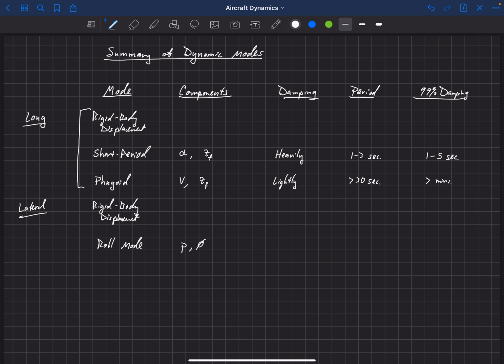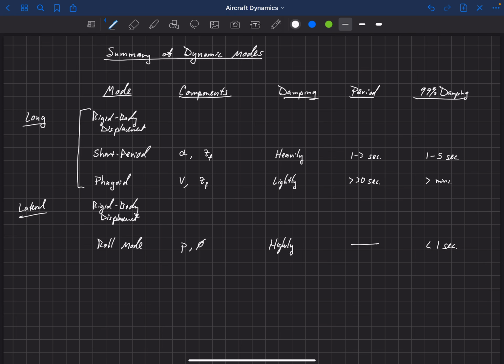This is a highly damped, or heavily damped, mode, and it's not periodic, so it's not oscillatory, and it is usually 99% damped out in less than 1 second.